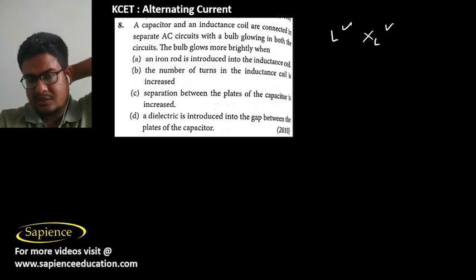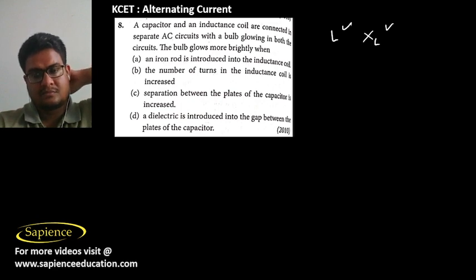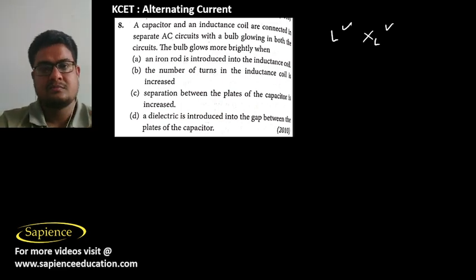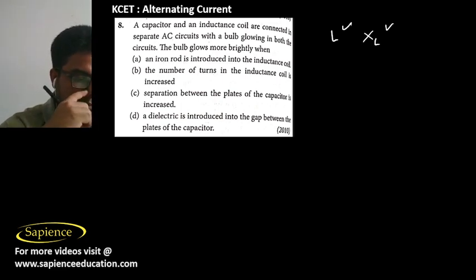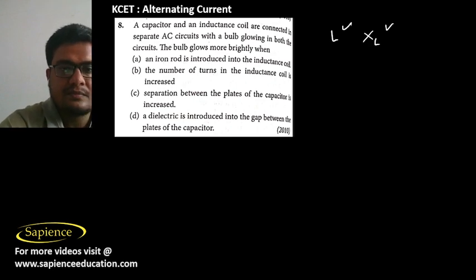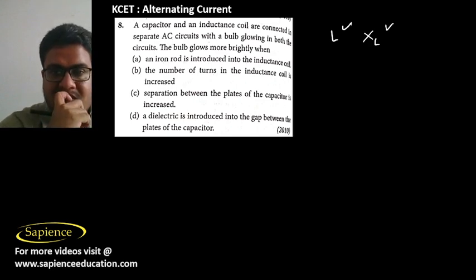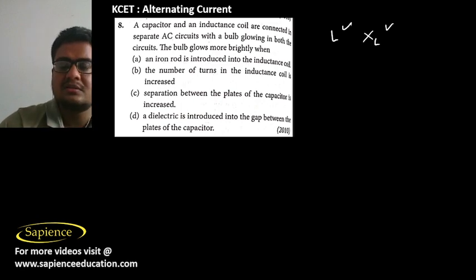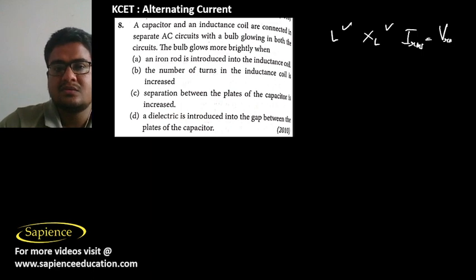When XL increases, the current will decrease, since IRMS is VRMS by XL. So current is less, so the bulb glows less.